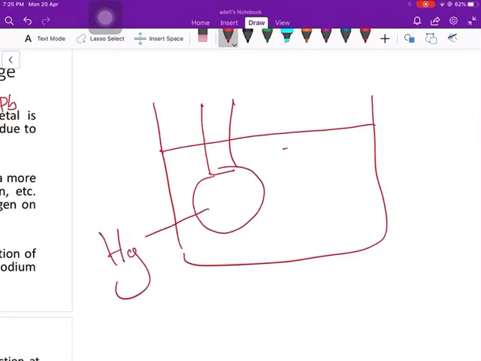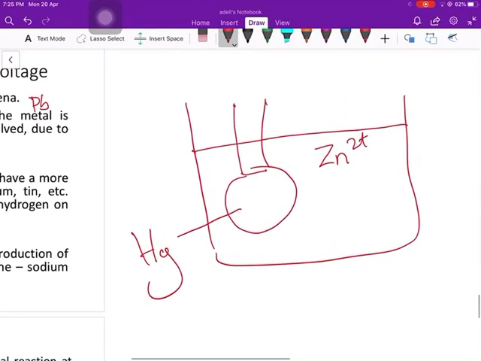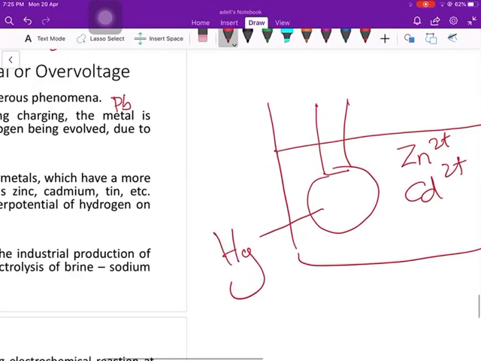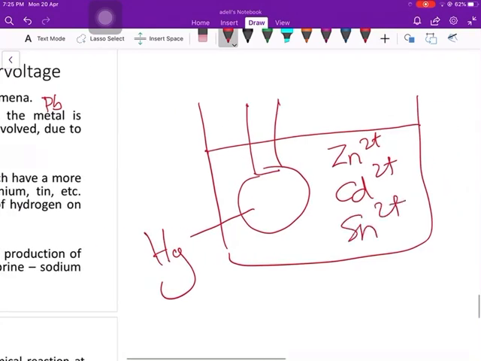The presence of unknown ions of zinc, cadmium, as well as tin.